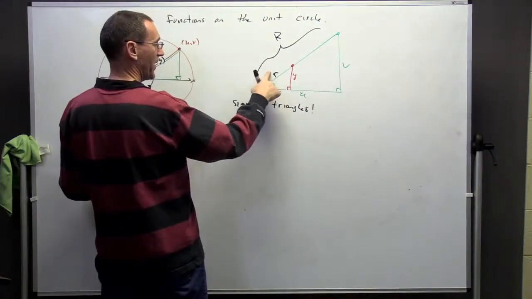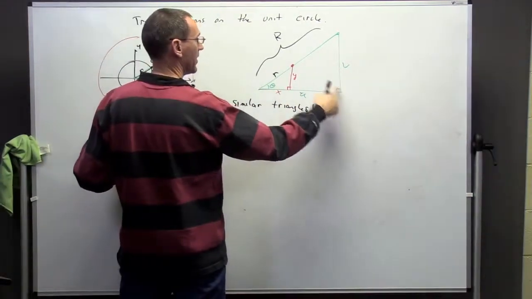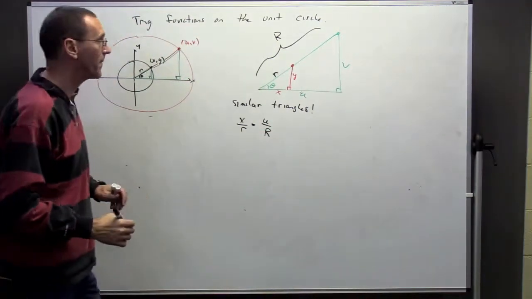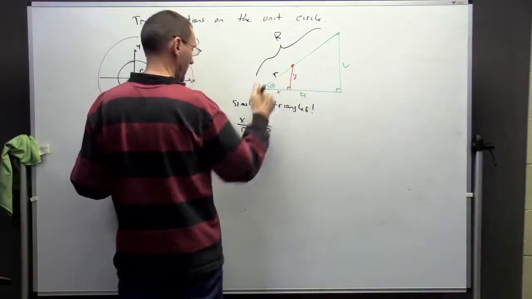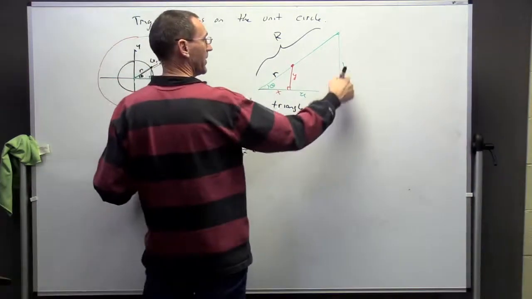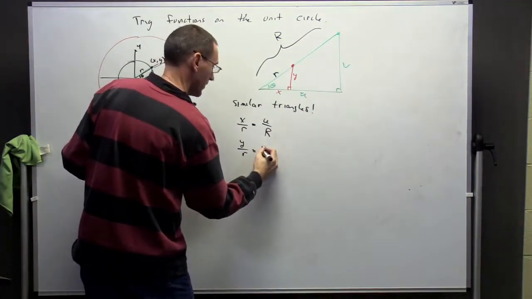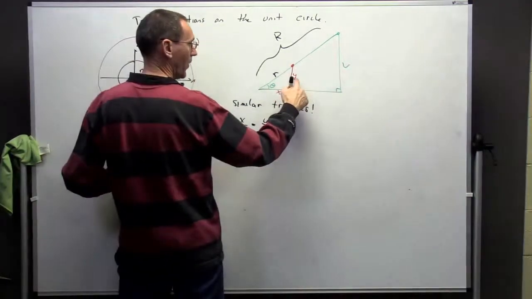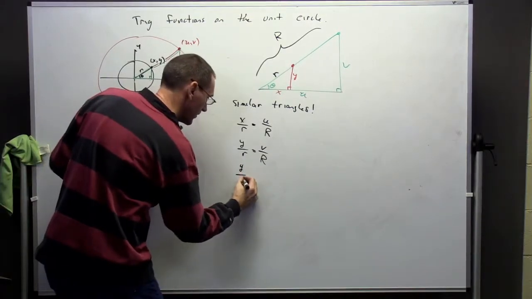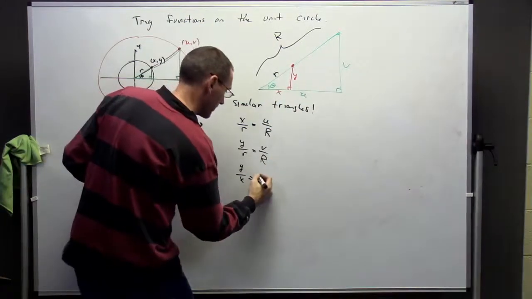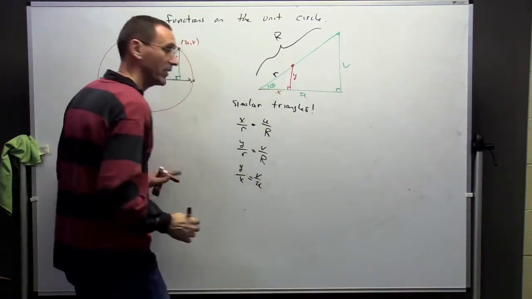So this divided by that is going to be the distance here divided by capital R. This height here divided by that hypotenuse is going to be this height divided by that hypotenuse. And lastly, y divided by x is going to be the same thing as the ratio of that distance divided by that distance, which is v divided by u.